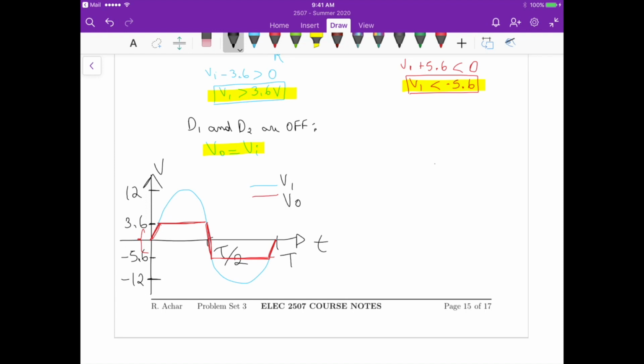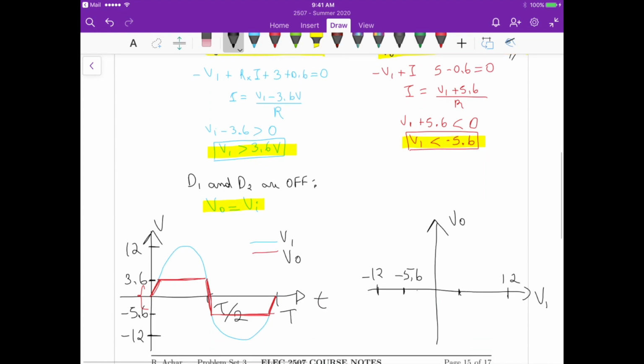Now if you want to plot the relationship between V out and VI, let's put VI here and V out there, then draw the points of interest. We have minus 12 here, 12 there. That's not correct. So around here minus 5.6, and around here 3.6.